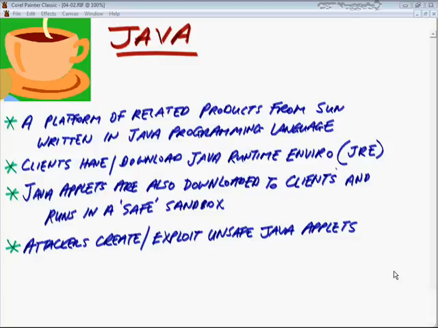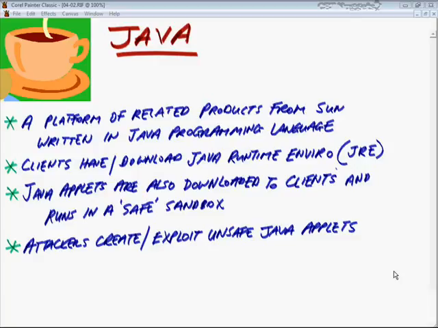Typically, to use Java applets on your browser, you'll be prompted to download the Java Runtime Environment or the Java Runtime Engine, JRE. Now, technically speaking, Java applets are downloaded to clients and they run in what's called a sandbox, which is technically a safe area. These are restricted areas of memory, and the sandbox limits the applet's access to user areas and system resources.